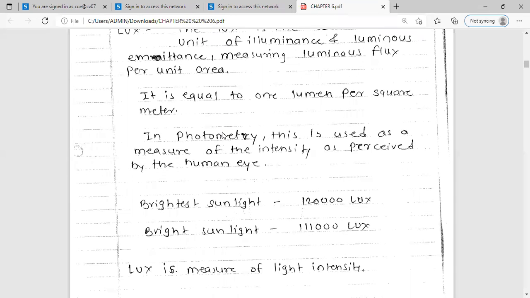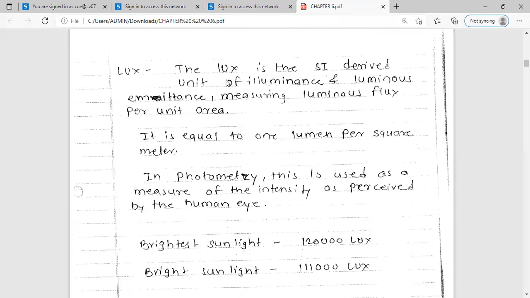Lux is a derived unit of illumination and luminous emittance, measuring luminous flux per unit area.